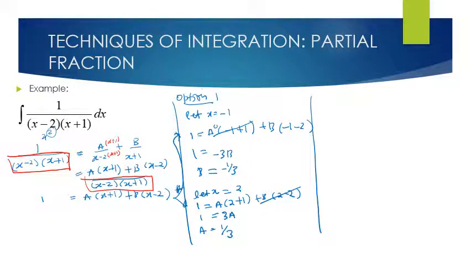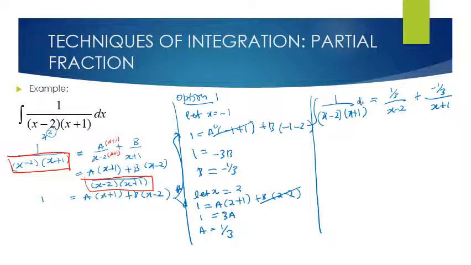Now we just substitute back into the partial fraction. We know that 1 over (x - 2)(x + 1) is equal to a over (x - 2) plus b over (x + 1). Substituting a equal to 1 over 3 and b equal to negative 1 over 3, we want to integrate this.